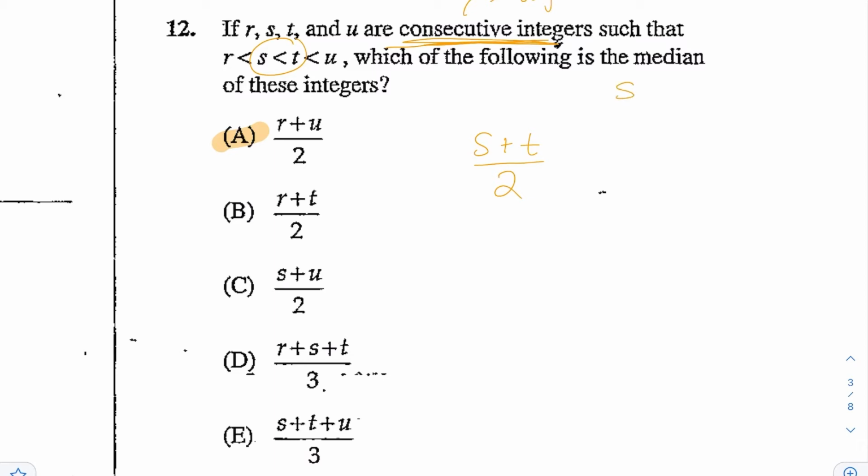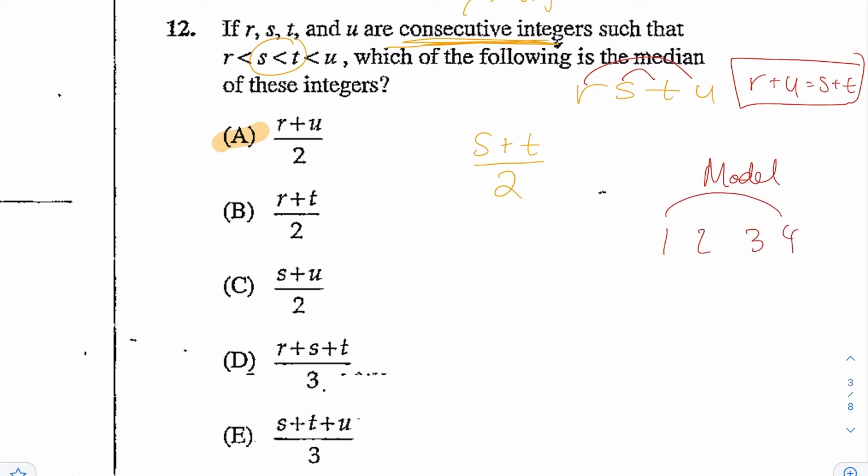Remember, if r, s, t, and u are in this order, r plus u has to be equal to s plus t. Again, you can model this using smaller integers such as 1, 2, 3, 4. If they follow a pattern, the first and the last number will add up to the same sum as the middle two numbers. That will always happen.